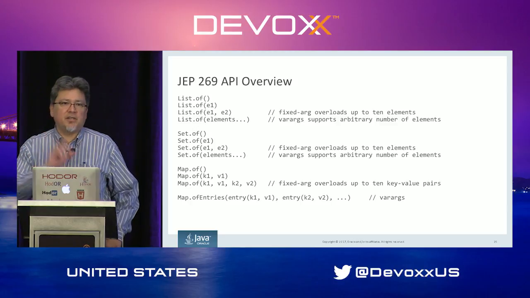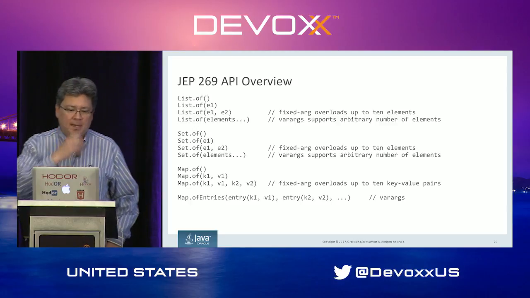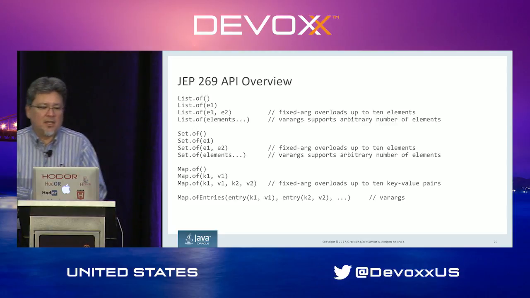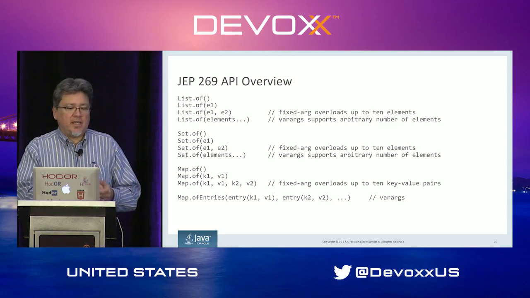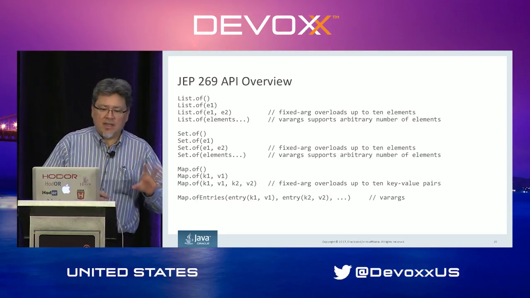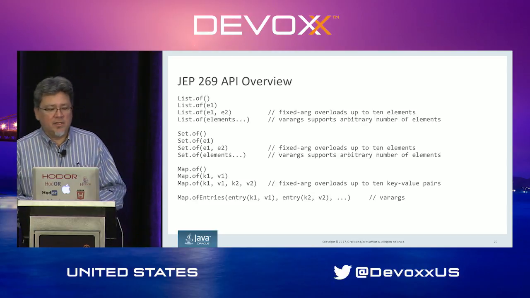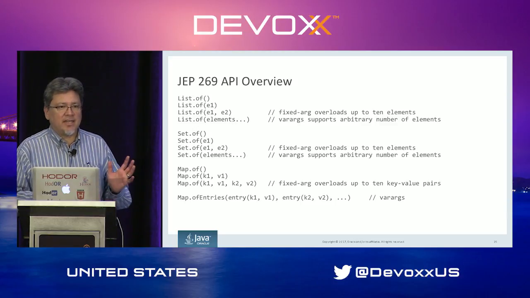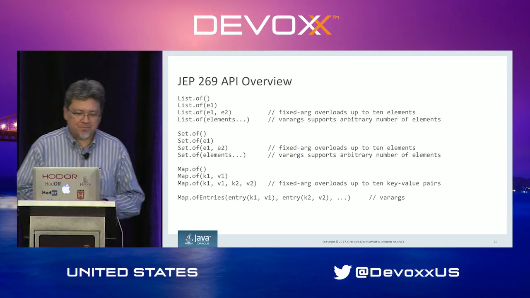So quickly, here is the overview of the new APIs in JDK 9. There is List.of, taking 0, 1, 2, actually up to 10 arguments, and then List.of taking varargs. So that will create a list with however many elements you pass. There's Set.of, which is the same thing.